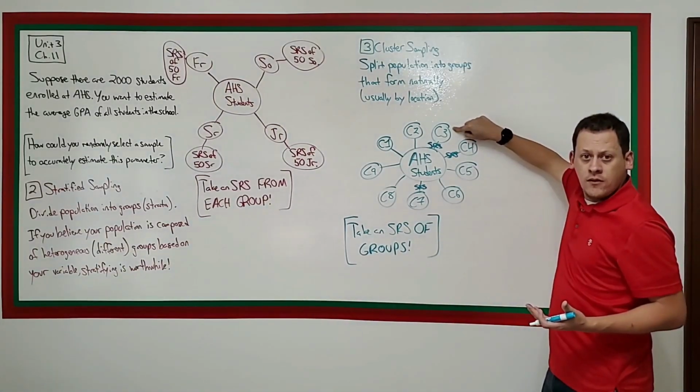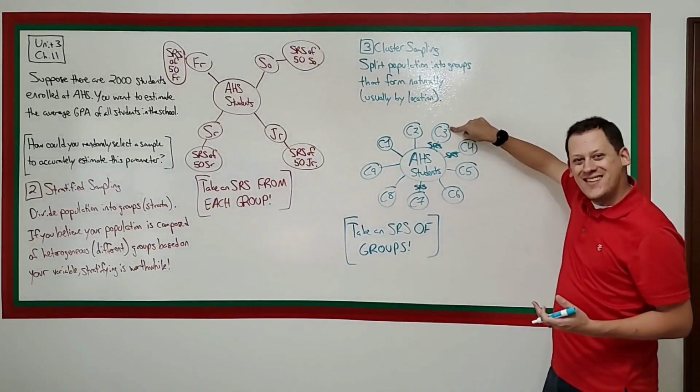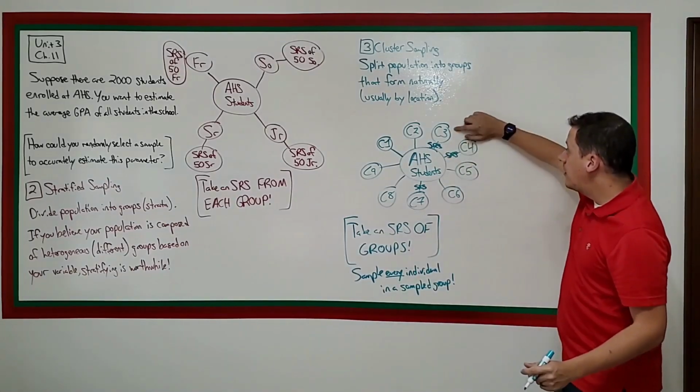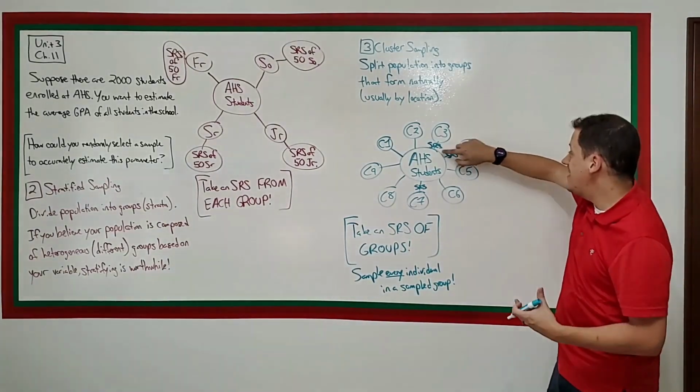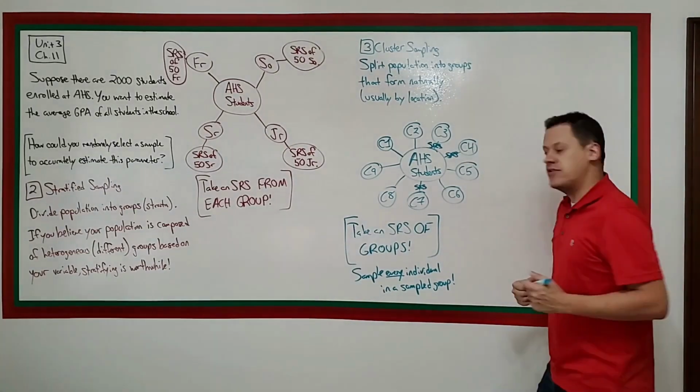Now what? Well, we're going to sample every individual in this group. Every individual in the group. So if one of the classrooms, one of the groups, is in our SRS of groups, we're going to sample every individual inside.